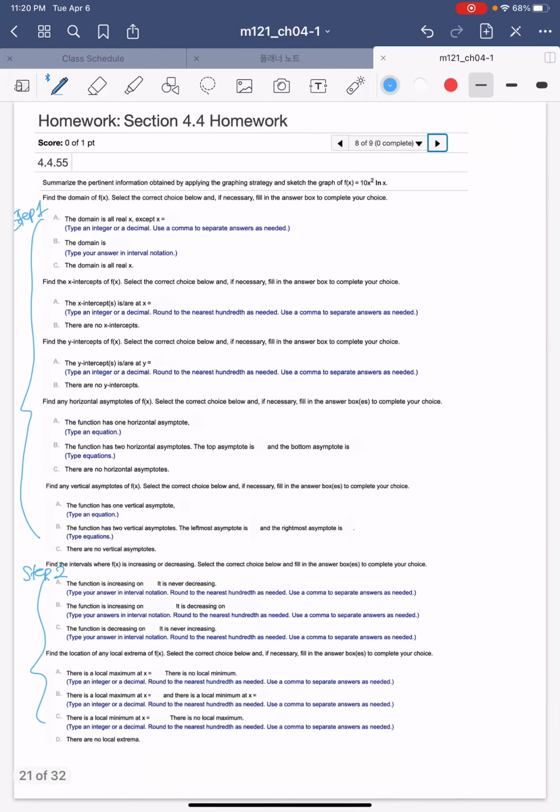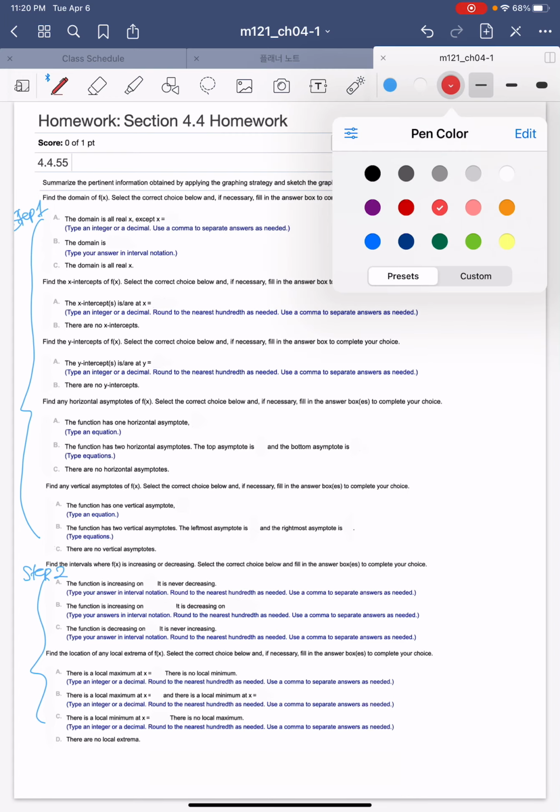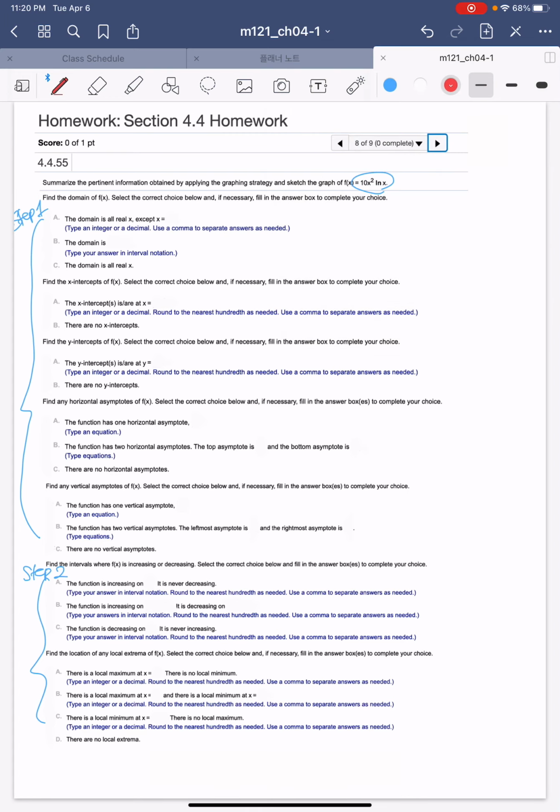So let's start with our domain. Take a look at our function. Our function has 2 parts being multiplied. The quadratic square is a parabola, and then ln. So you have to know a little bit about the characteristics of these graphs. Parabola is all real for domain. ln, we do have a restriction.